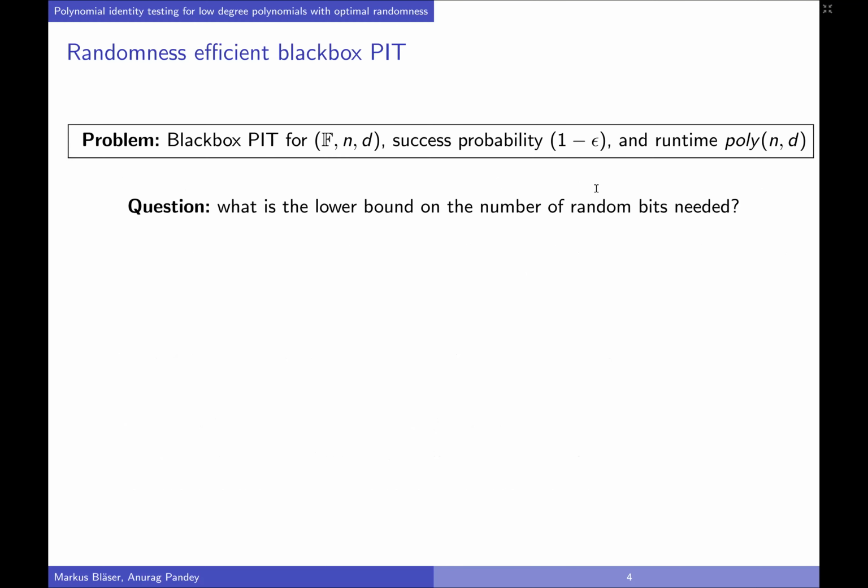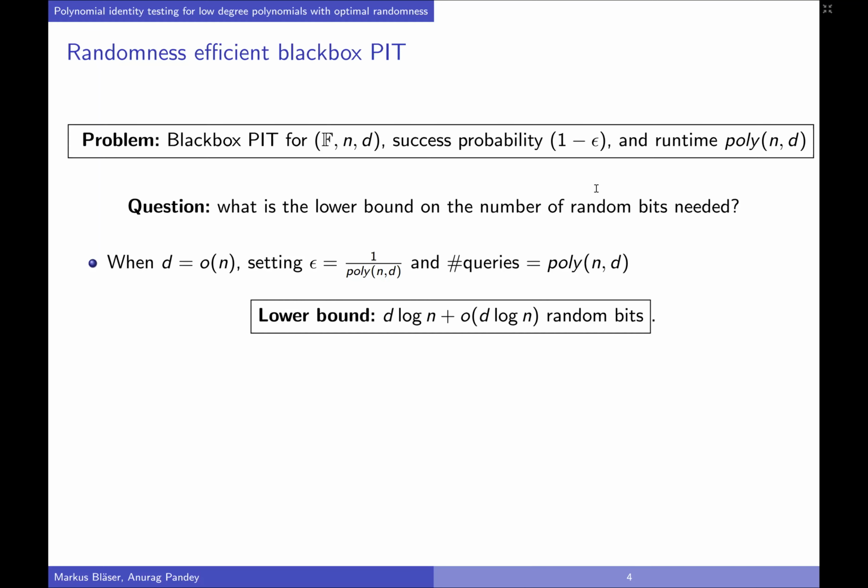So one could ask, is there a lower bound on the number of random bits? And indeed, if we are in the low degree regime, and if we set epsilon to be some inverse polynomial, and we restrict the number of queries to be polynomial, then it can be shown that the lower bound is something like d log n plus little o of d log n.